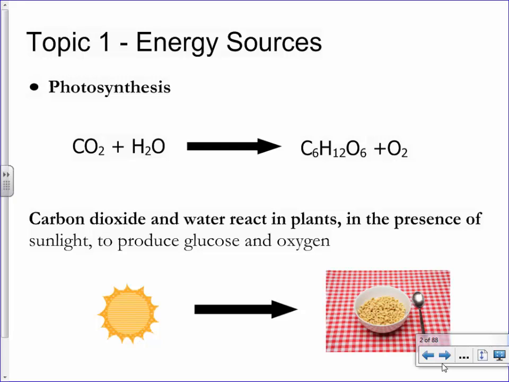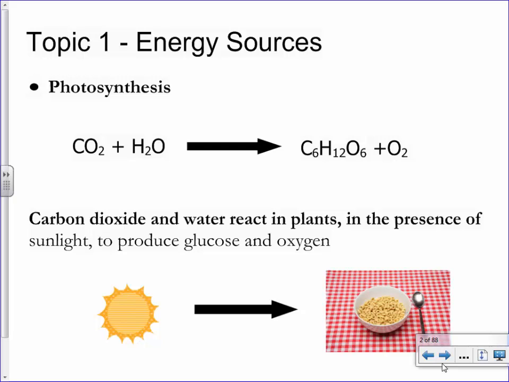I don't know that we as society would be able to live and function if it wasn't for the way this works. Because most of our dietary needs are really based off of us eating stuff that comes from the sun. Even indirectly, this morning I had cereal. Well, where did cereal come from? It was made from some grains.